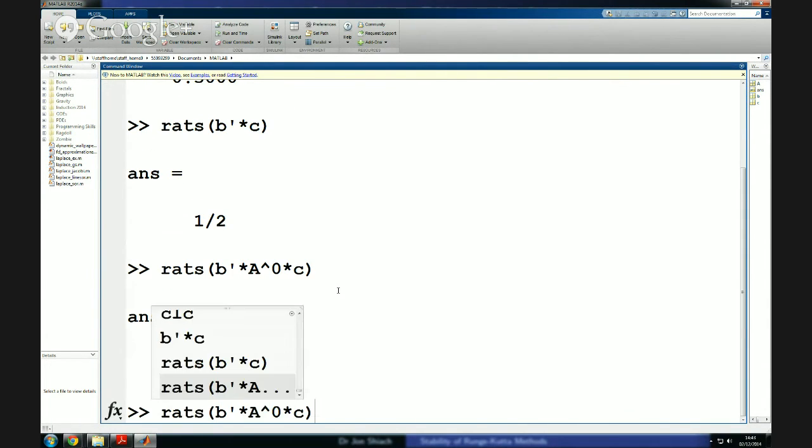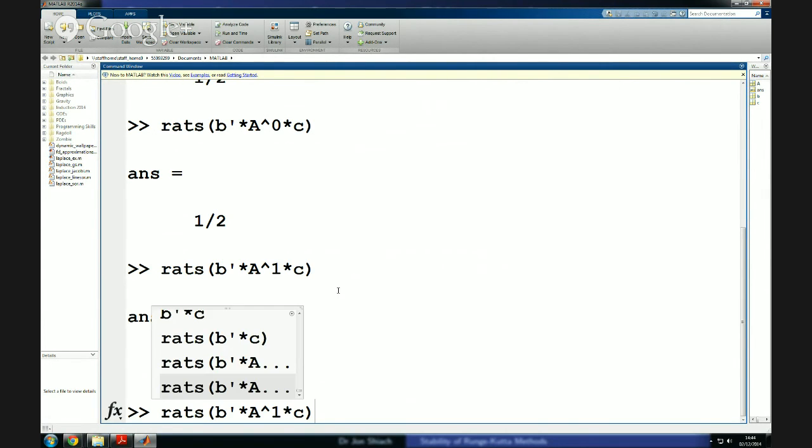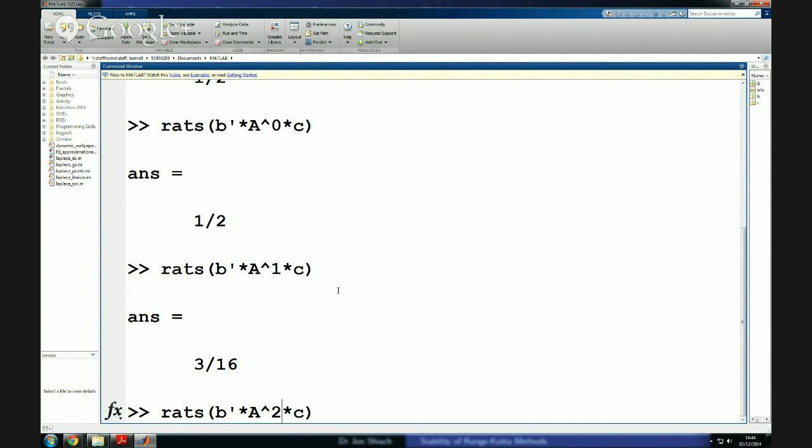Sorry, that was that one. And next thing I do is I raise the A to the power 1, 3/16. And then I do A to the power 2, 1/48. Okay, so my function will be 1 plus Z plus 1/2 Z squared plus 3/16 Z cubed plus 1/48 Z to the power 4.